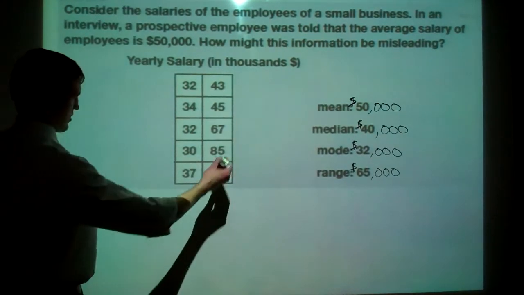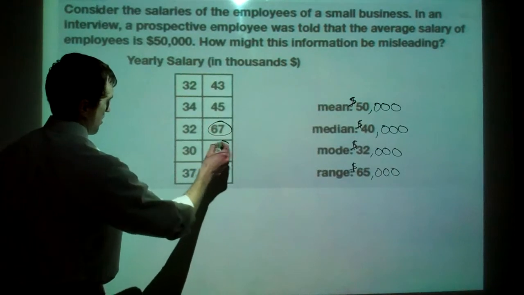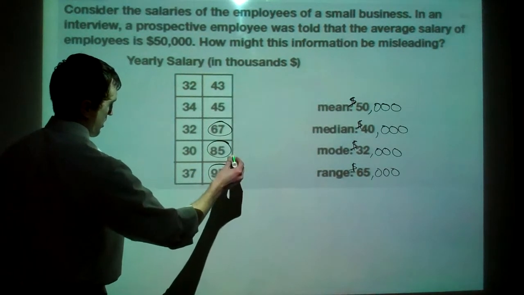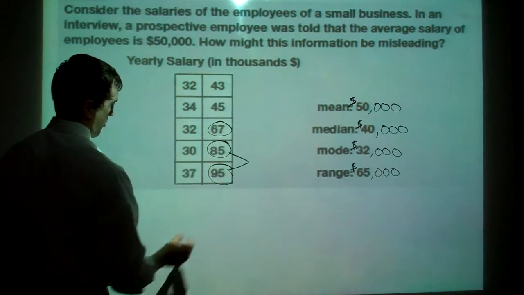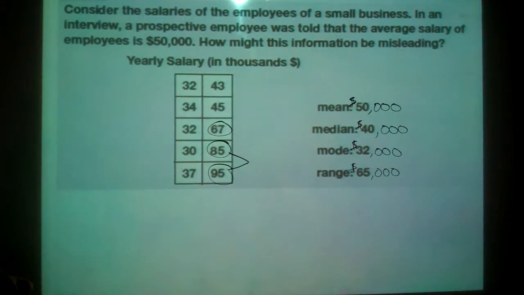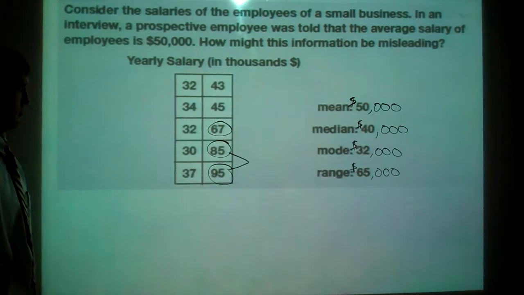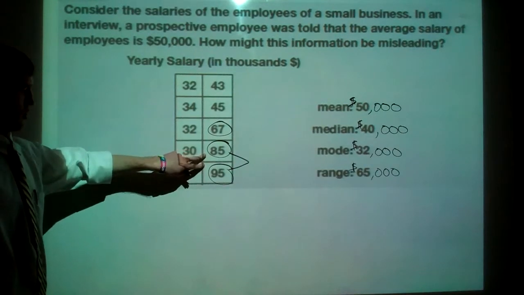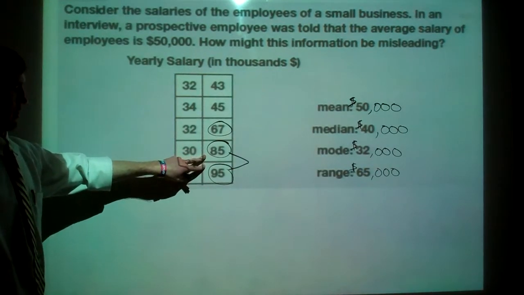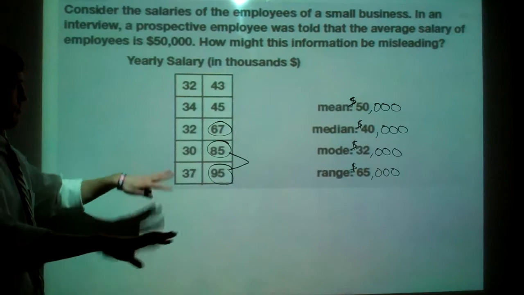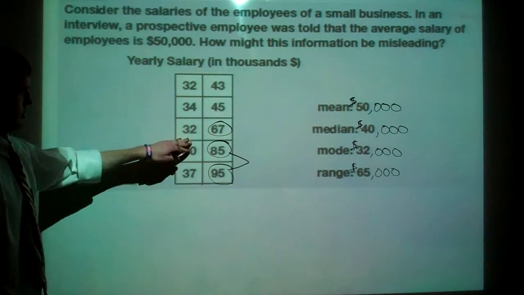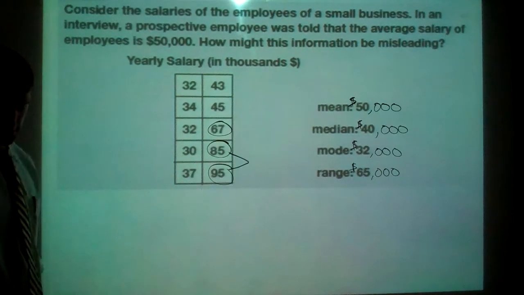Well, look at these prices right here. More particularly, those two, $85,000 and $95,000 a year. Those two would probably be considered outliers in this case. They're far from other salaries. 67 is even a little bit on the higher end.